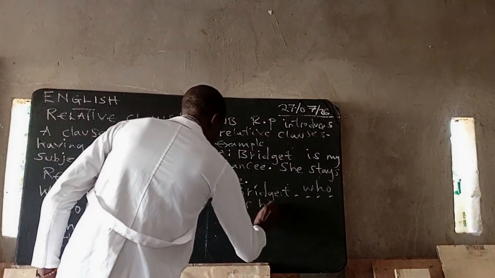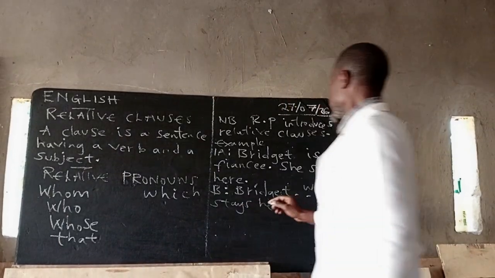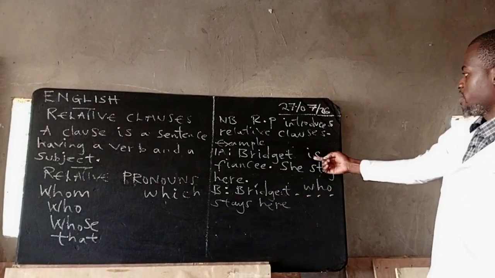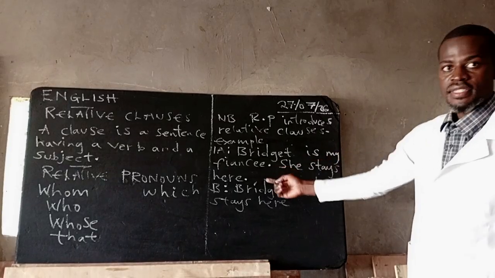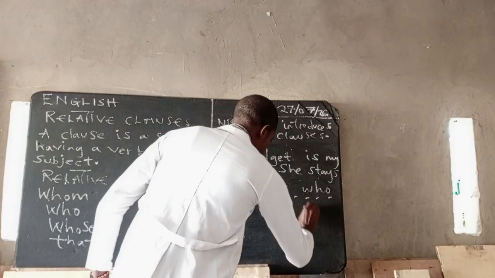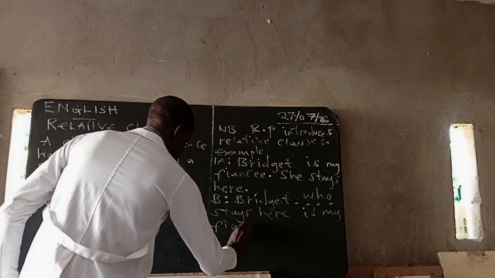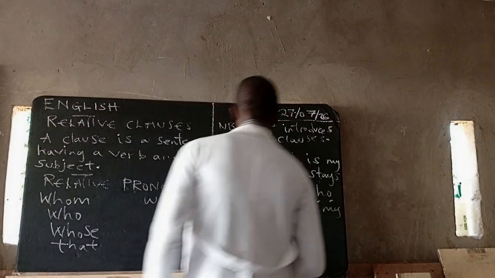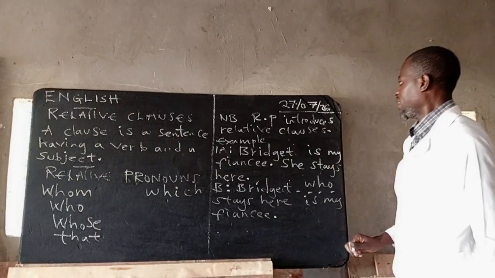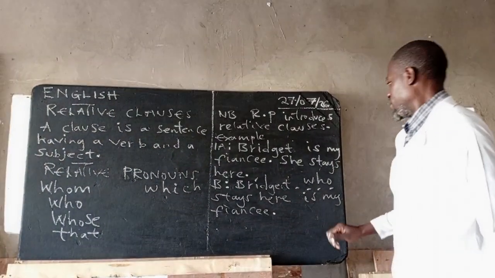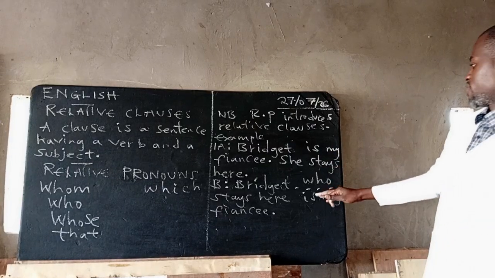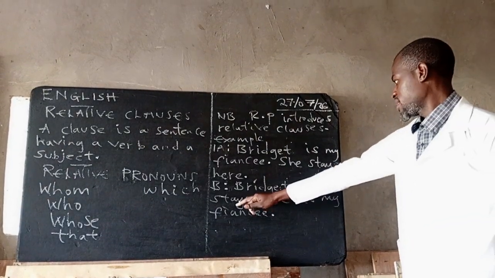Okay, guys, so we come back now to idea number one: is my fiancé. So as you can see here, my relative clause starts where it says stays here.